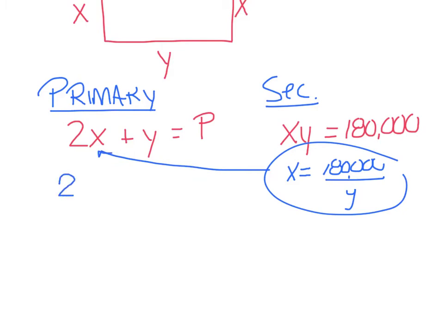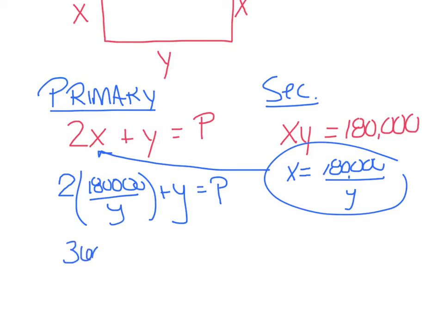So I've got 2 times 180,000 over y plus y equals my primary. I obviously can clean that up a little bit. I'm going to say that's 360,000 over y plus y equals my primary.